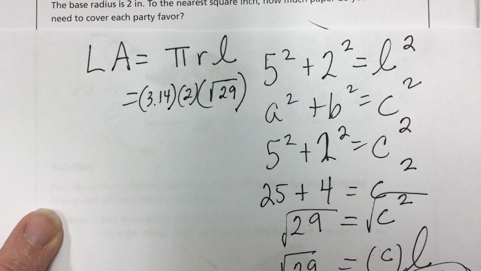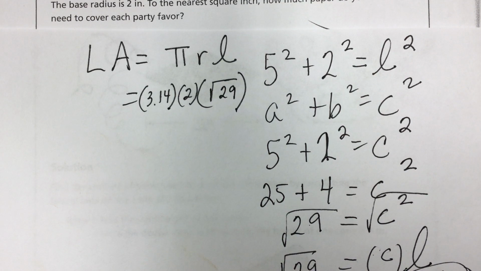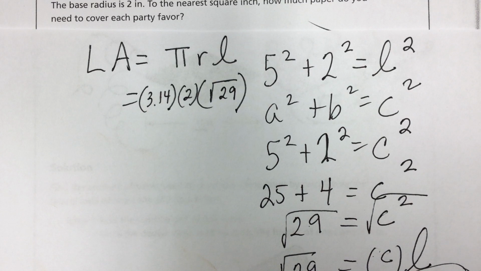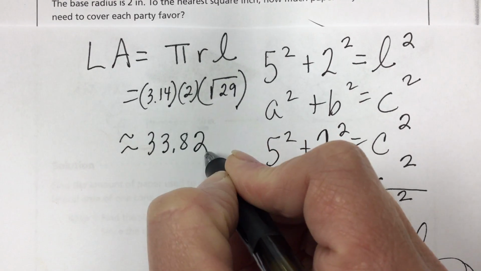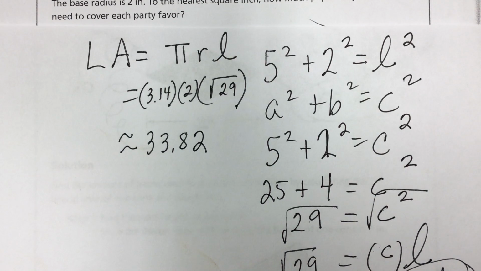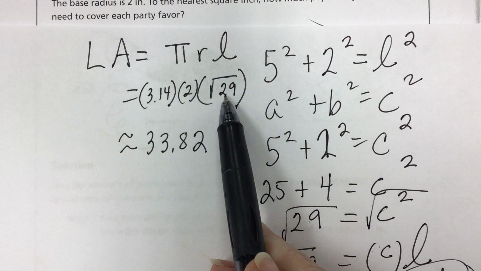My recommendation is to take the square root of 29 first.